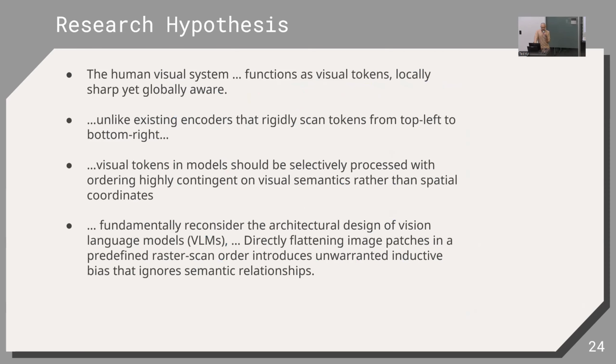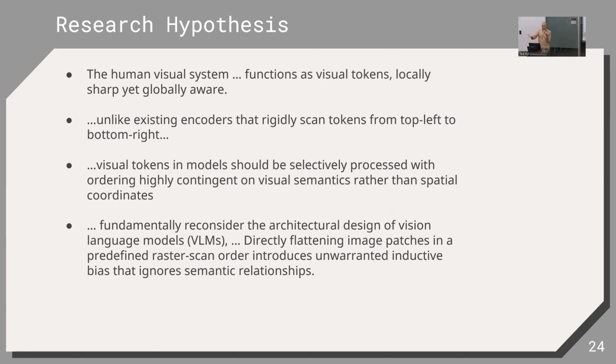Okay. Some of the excerpts from the paper, they say that the human visual system functions as visual tokens, locally sharp, yet globally aware. And this is something you'll see them thinking about in the first paper as well. They mentioned that existing encoders rigidly scan tokens from top left to bottom right, which is, Ted, something you were kind of hinting at a little bit earlier. And the authors say that visual tokens should be selectively processed with the ordering contingent on visual semantics rather than spatial coordinates.